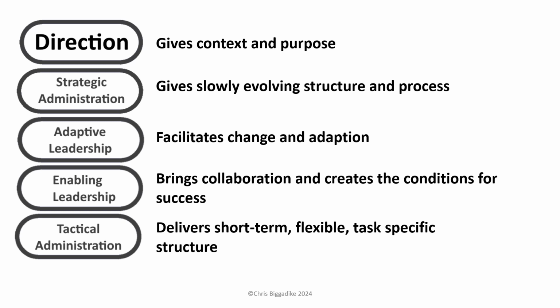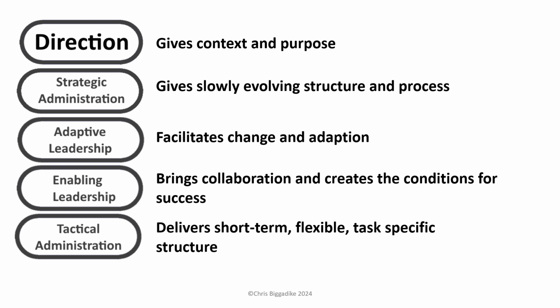Direction gives an overall context to what's going on within the organization. It answers questions about the big picture and the overall direction of travel. Strategic administration is the leadership which creates and maintains the business processes, both formally written and implemented by convention.